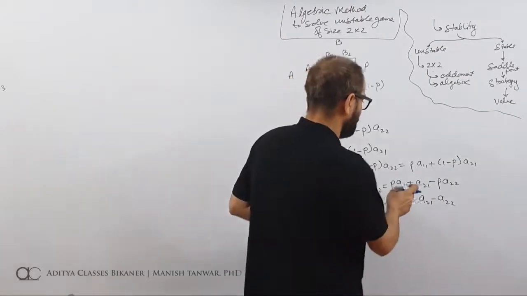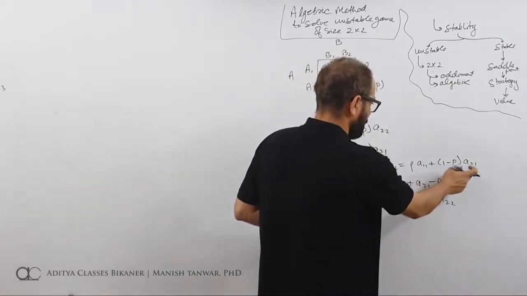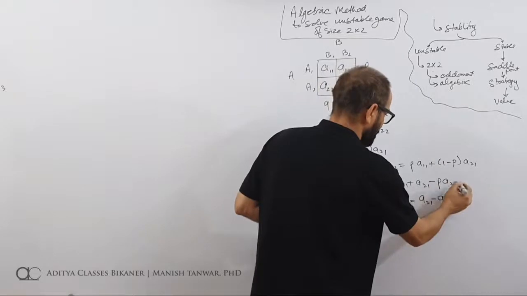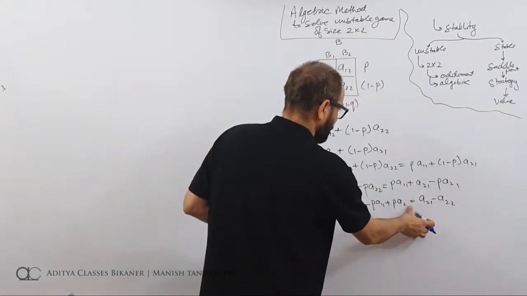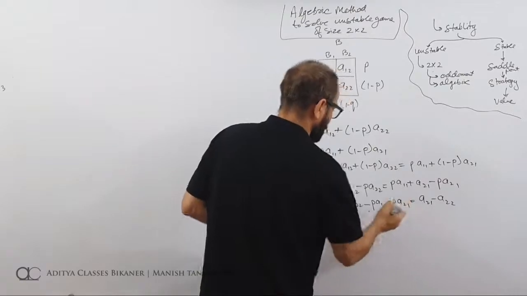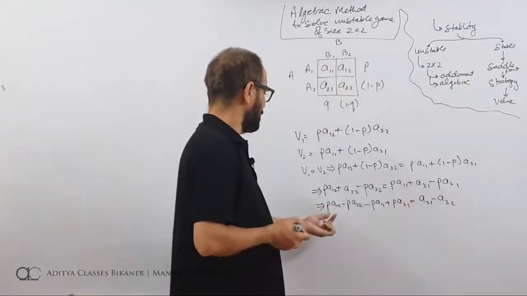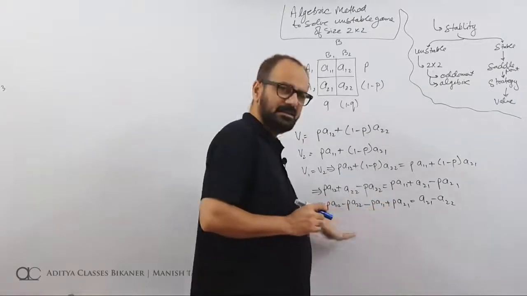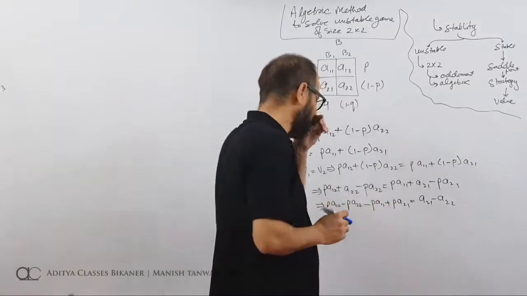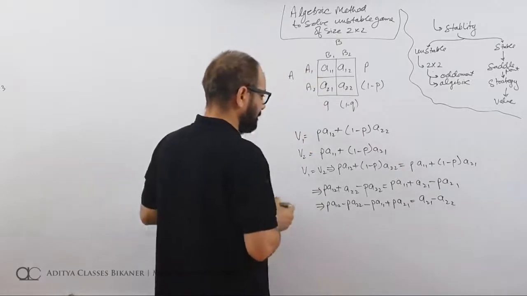Okay, this was wrong, I told you, na? P A11, A21, this is P A21. Coming here, it will become P A21. So I have 1, 2, 2, 2, everything is over here. Now, we can take something common over here. If I try to take common, what does it become?